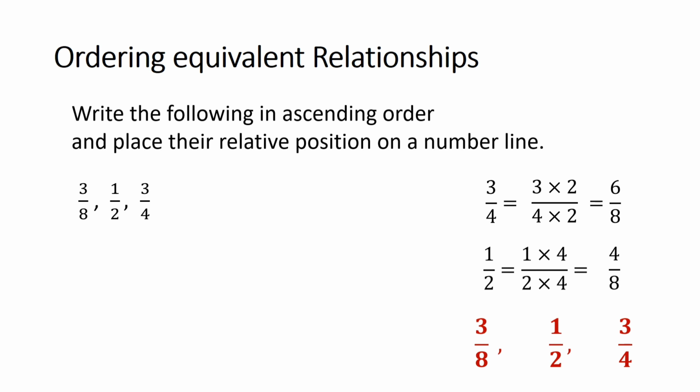Additionally, teachers can make it easier for students by providing number lines that are already calibrated. For example, the teacher can initially provide a number line from 0 to 1 but subdivided into 8 equal parts.